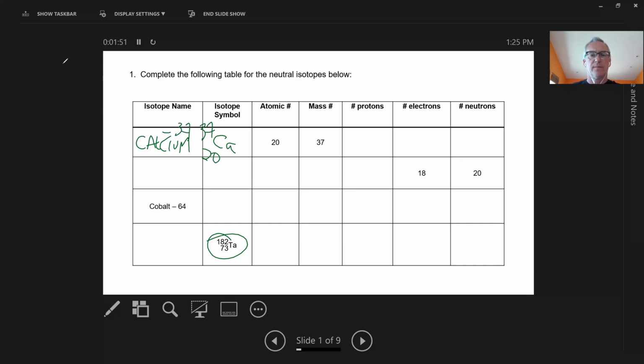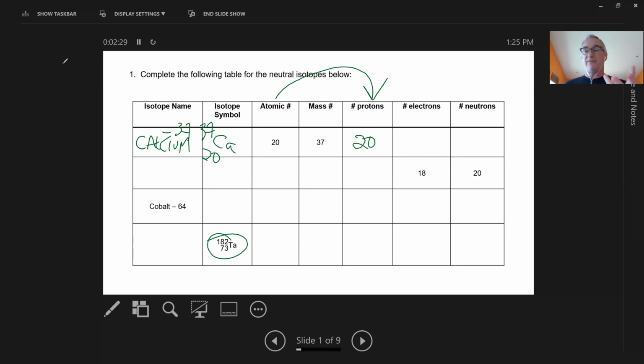Okay. So how many protons does that give us? 20. Yeah, that's always going to be the same number. The atomic number is always going to be the number of protons. So that one's easy. This one's a little trickier. How many electrons? 20. Why 20? Why couldn't it be 19 or 21? Because it doesn't have a plus or minus. Exactly. It's not given a charge.